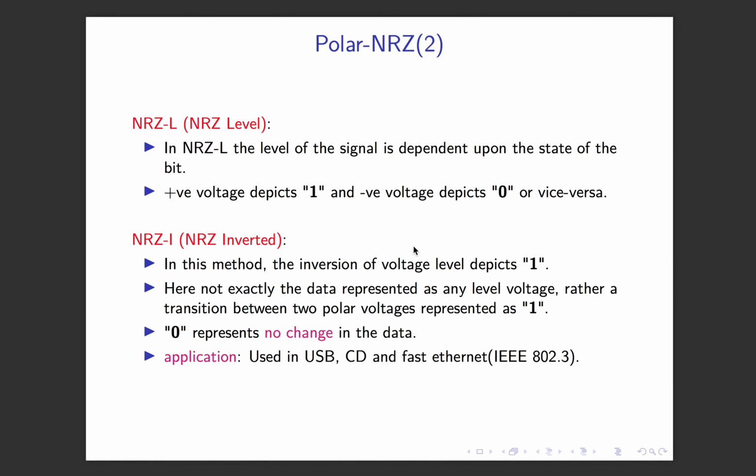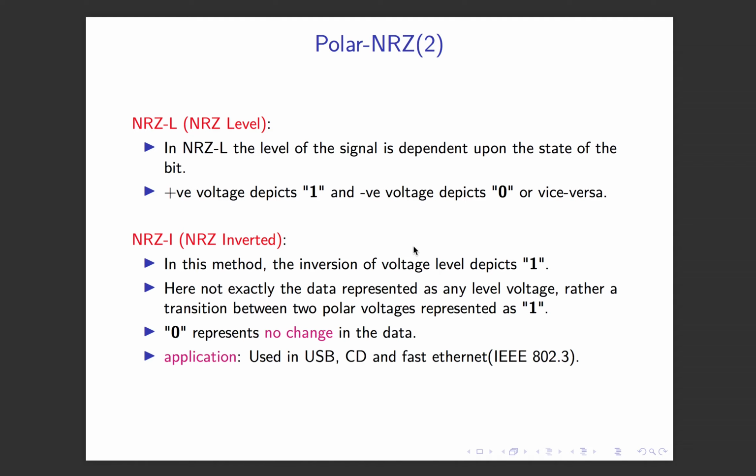In the NRZ-L scheme, the entire scheme depends upon the input data stream. If we get a 0 in the input data stream, we represent the 0 with the lower voltage level, and if we get a 1, we represent it as the upper or positive voltage level.